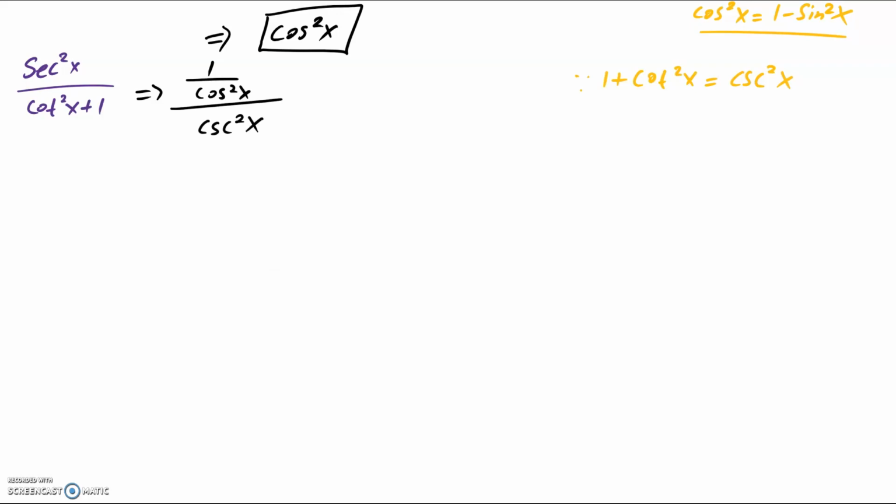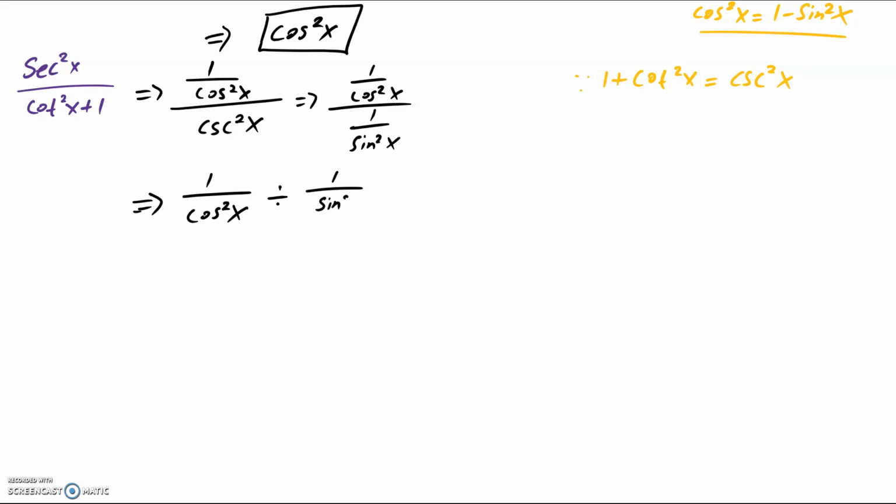Okay, now this expression will become 1 over cos squared x over 1 over sine squared x. This expression I'm going to rewrite another way around, and it's going to be 1 over cos squared x divided by 1 over sine squared x.